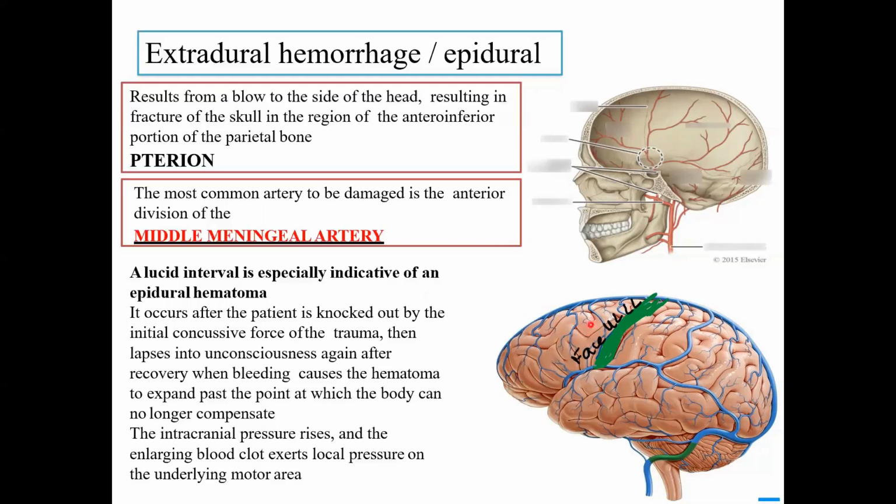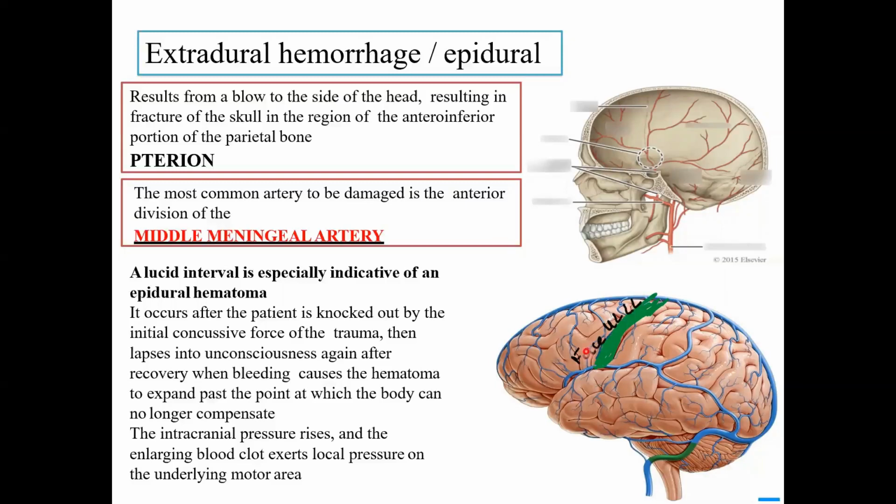Just deep to the pterion, we have the lateral sulcus of the cerebrum and the major motor areas. In these motor areas, the body is represented upside down, that is, the face is the lowermost portion, and the upper limb and lower limb are represented highest on the cerebrum.